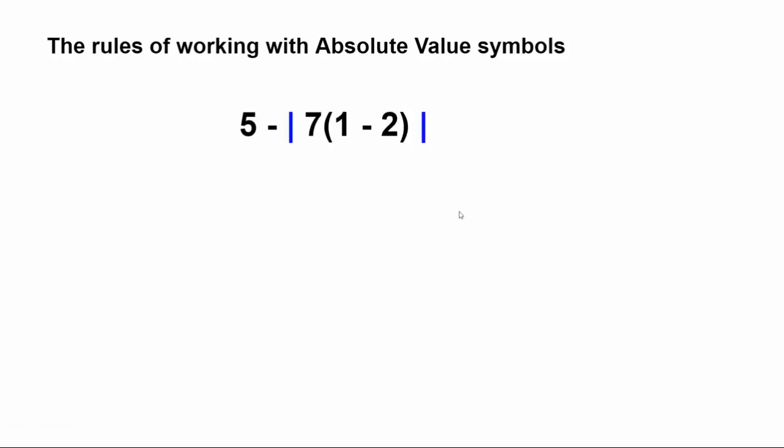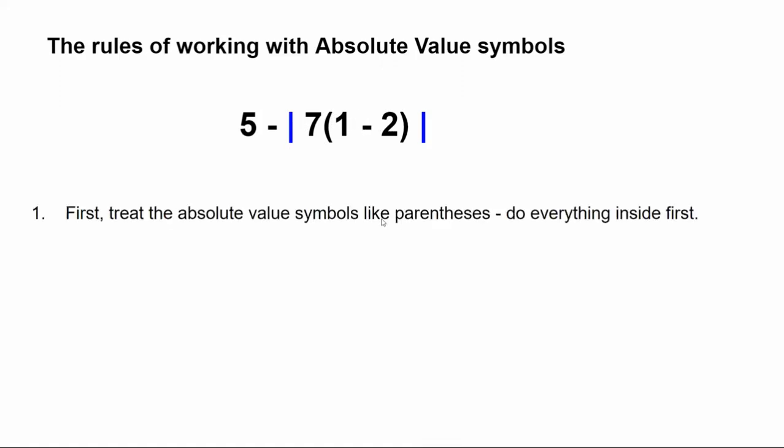The rules of working with absolute value symbols. Here's an example right here, 5 minus, and then we have our absolute value symbols, 7 times, in regular parentheses, 1 minus 2. First, we want to treat the absolute value symbols like parentheses. So we will do everything inside of that first. So let's do that with this little example here.